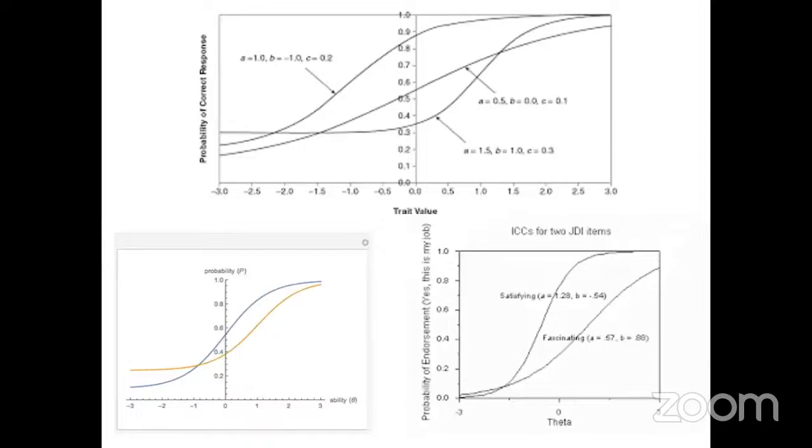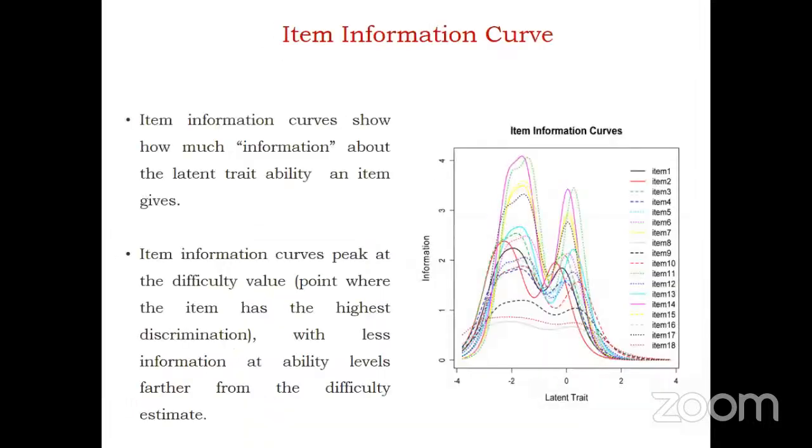Some more examples. So you can see the item information curve. The item information curve here actually shows the total amount of information that you are getting about the latent trait level from each of these items. Okay, so the previous one that we talked about, the item characteristic curve, tells you about one single item.